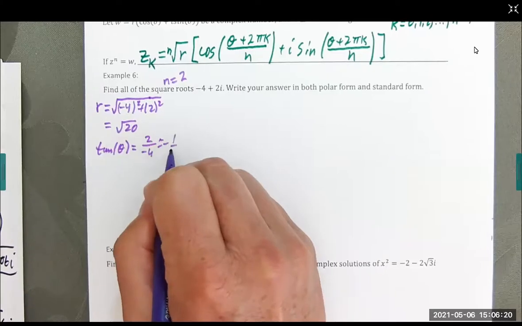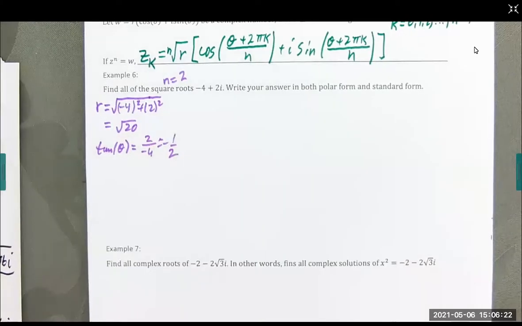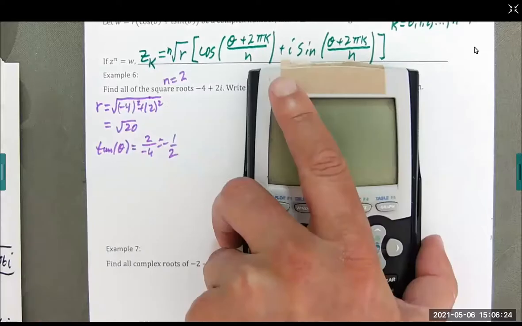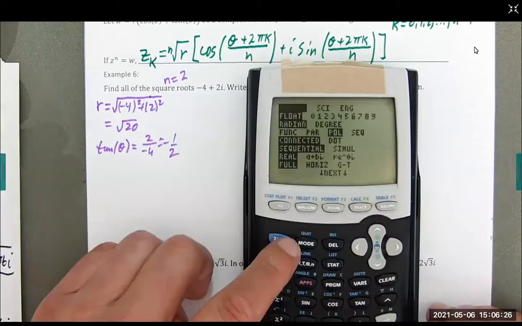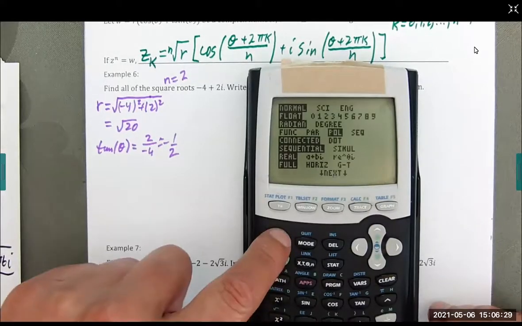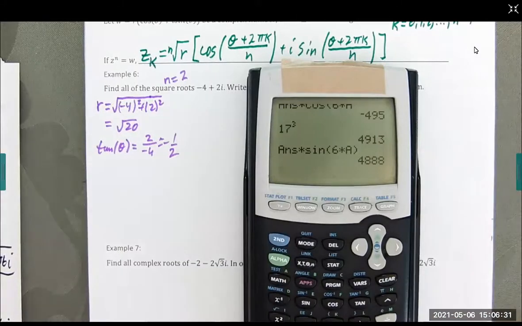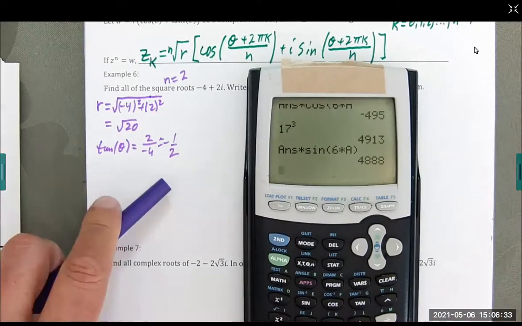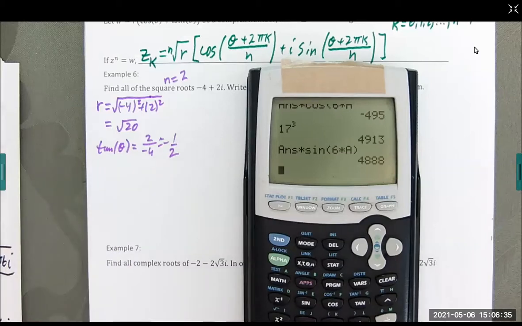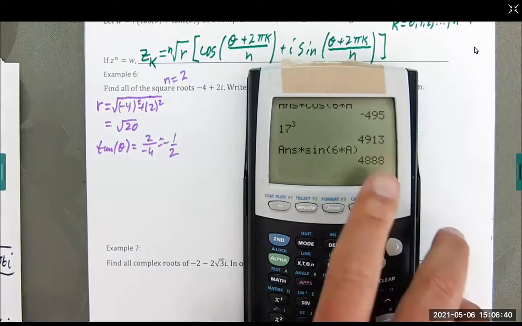Now, when I do inverse tangent here, I'm going to make sure I'm in radian mode, because the next example we're going to do in degree mode. It's important to remember that when we do inverse tangent of a negative, it's going to give it to us in quadrant 4, and we need it in quadrant 2. Let's again be clear.